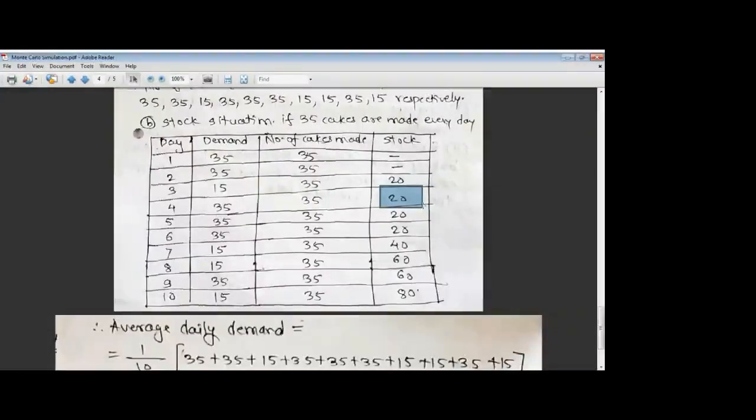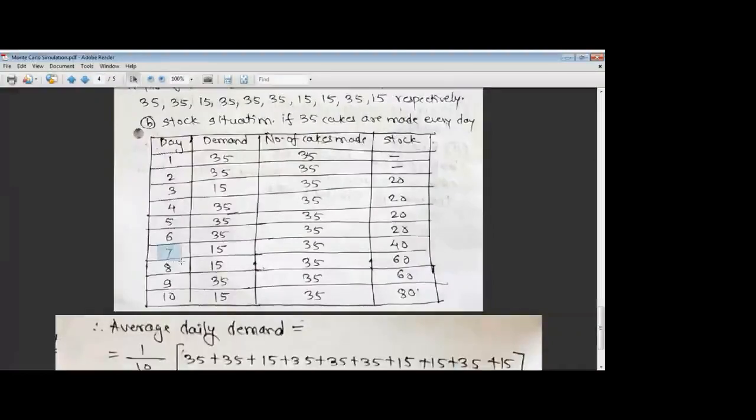So this 20 value is carried forward, the cakes remaining from the earlier day. For the fifth day as well, 35 cakes are demanded, 35 cakes made, but the 20 cakes are still pending in our stock. Right. For the sixth day, 35 demanded, 35 made. So again 20 are pending with us.